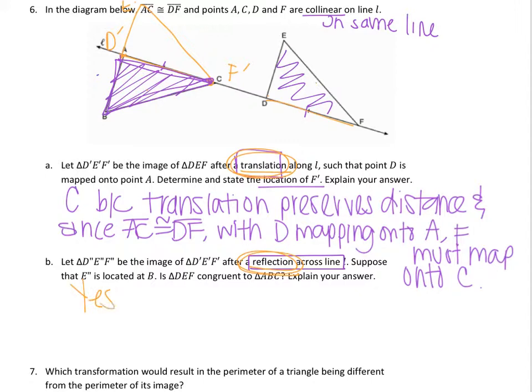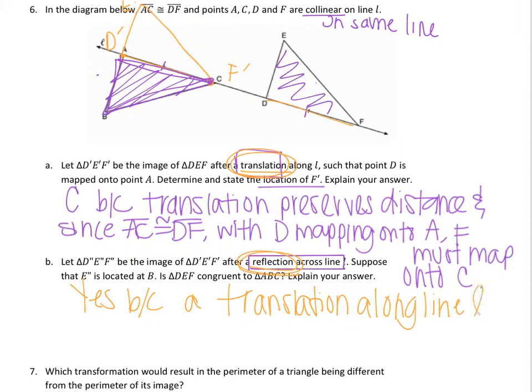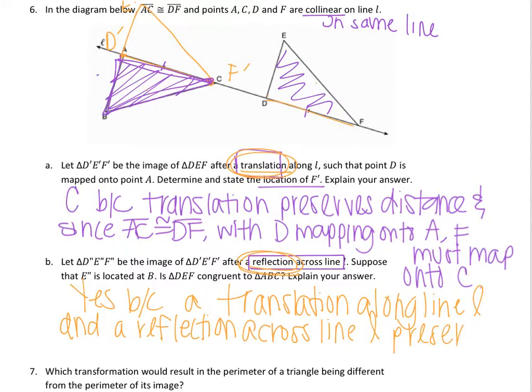So I'm going to say yes, because a translation along line L and a reflection across line L preserve distance, creating congruent triangles. So again, distance is preserved, but notice this important piece of information.